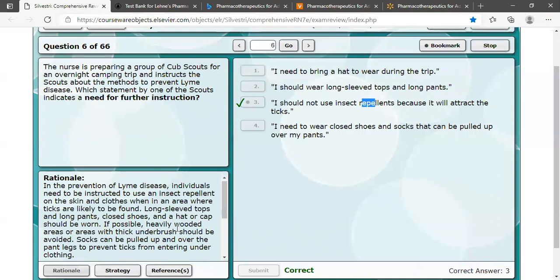So Lyme disease is caused by the bite of a deer tick. In some parts of America, it is more common, like New Jersey, Connecticut, right?